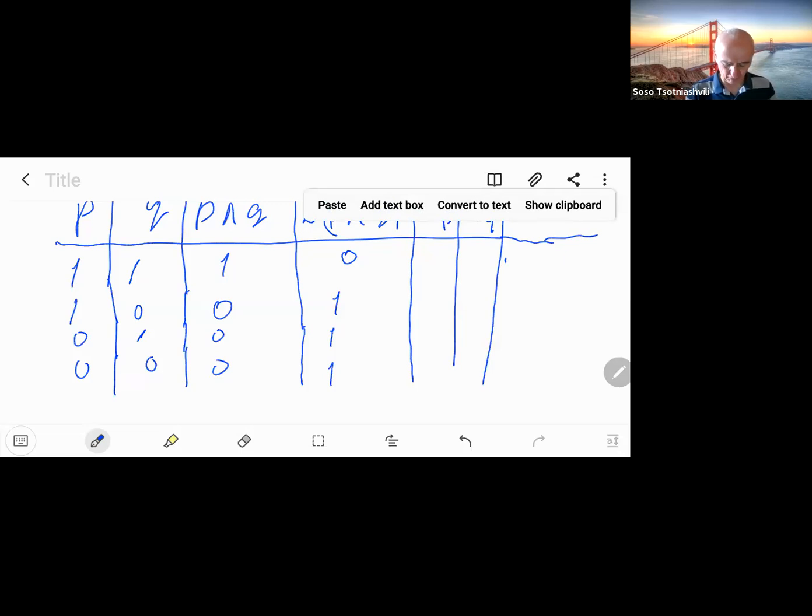a disjunction of them. So negation of P: 0, 0, 1, 1.